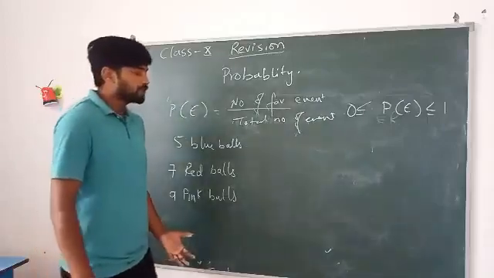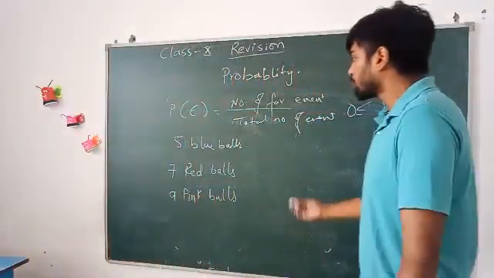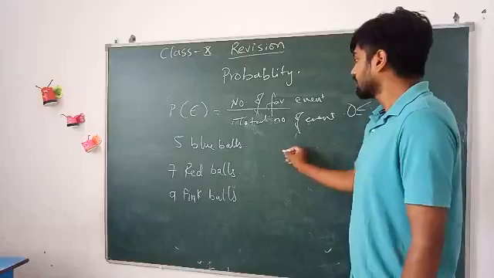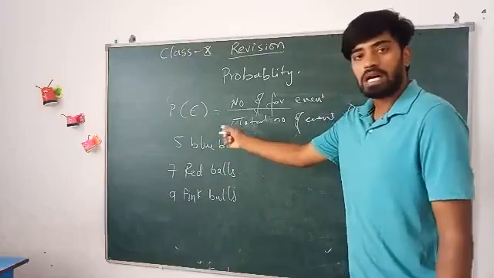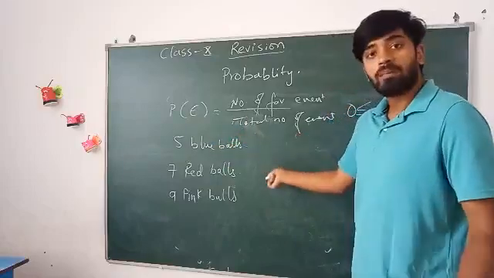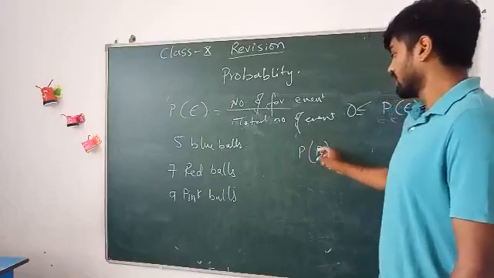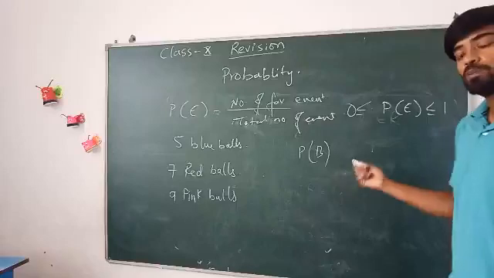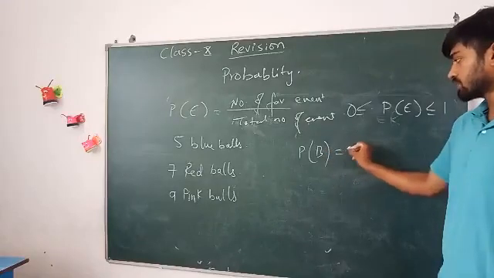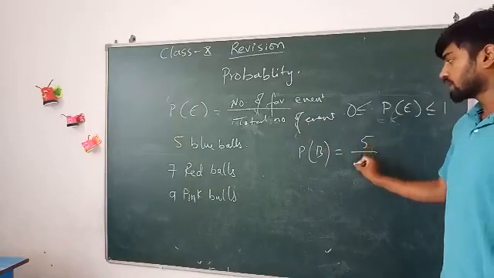What is the probability of getting a blue ball? So for the probability of getting a blue ball, how many are favoring? 5 balls in the bag. So probability of blue balls, you can write B or blue in brackets, equals 5 upon total number of events.